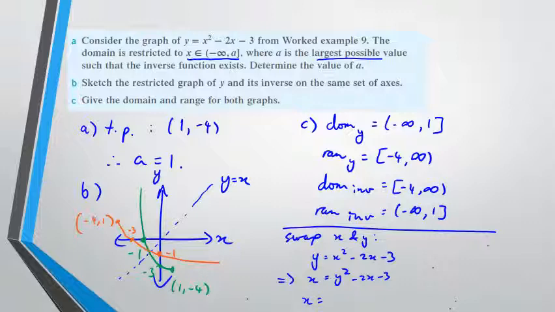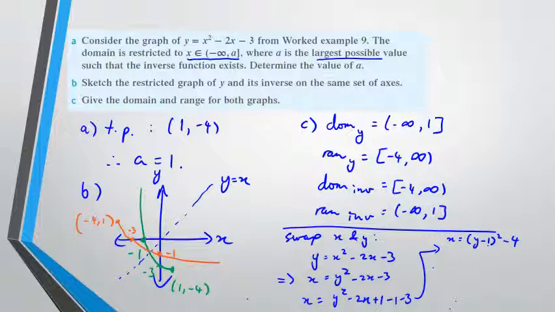If you try and do it by factorization, it won't work. So we have y squared minus 2y plus 1 minus 1 minus 3.